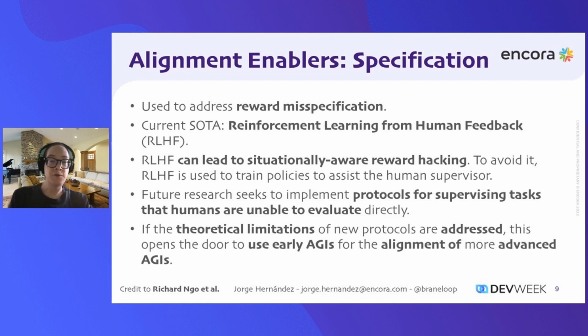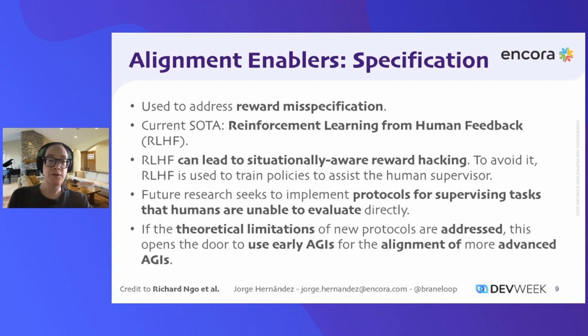And future lines of research beyond RLHF seek to implement protocols for supervising tasks that we ourselves are unable to directly evaluate. Because currently, reinforcement learning from human feedback depends wholly on being scored by humans. So on tasks where we don't do very well at that, we can't really currently apply it.